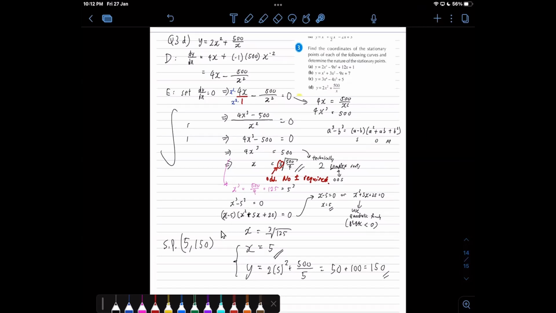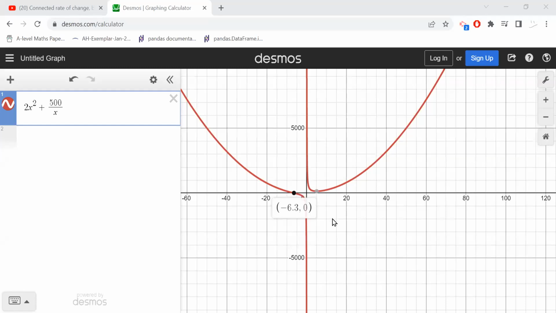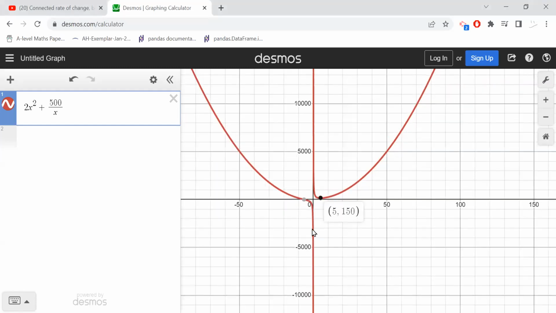Exactly. (5, 150) is the stationary point. Let me share my desktop screen. If you recall the graph, (5, 150) is over there. Can you see? There's a (-6.3, 0). Is the (-6.3, 0) a stationary point? No. Correct. Very good.